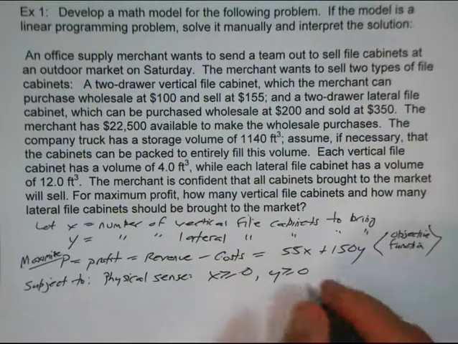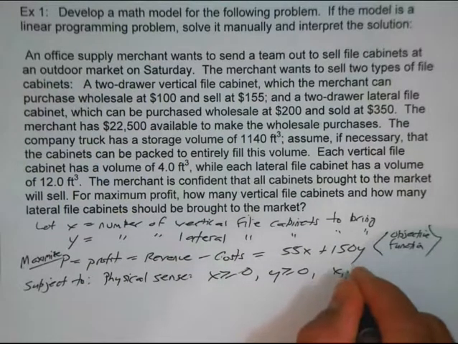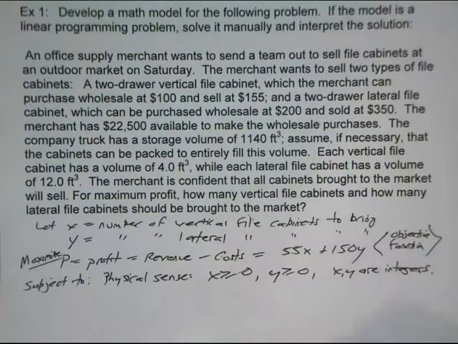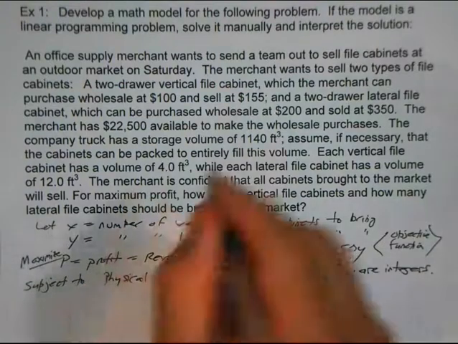Another thing, because they are numbers of file cabinets, x and y are integers. Also part of the physical sense there. Let's see, what else have we got here for restrictions on what x and y can be.